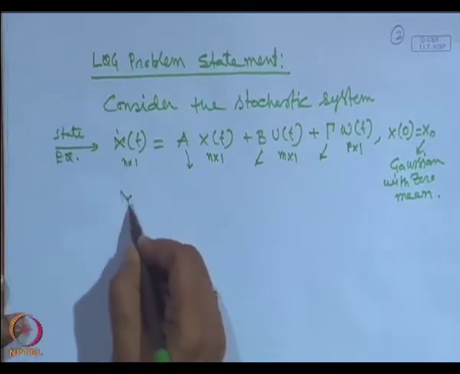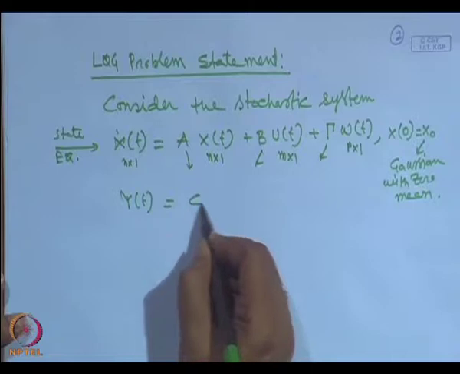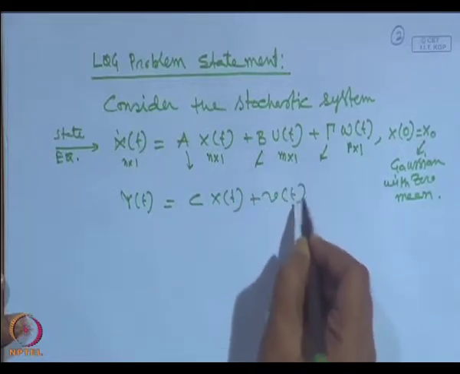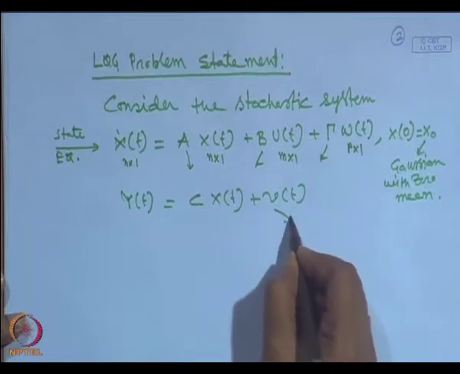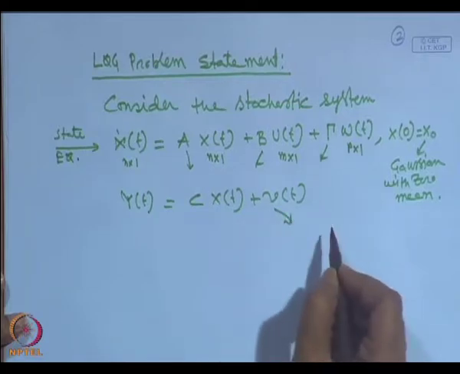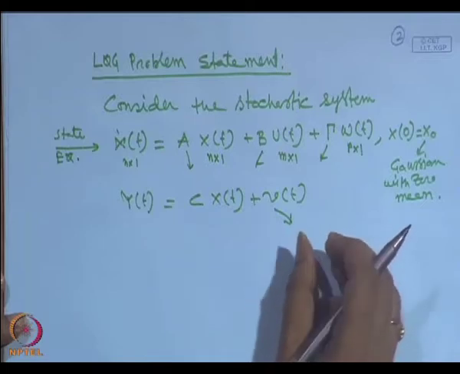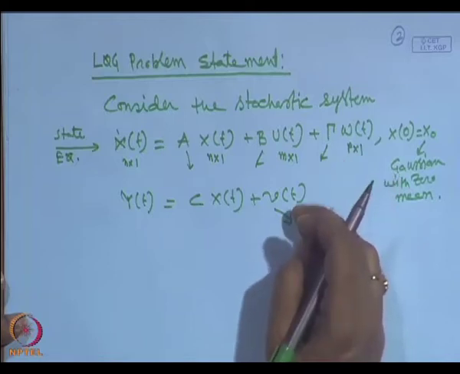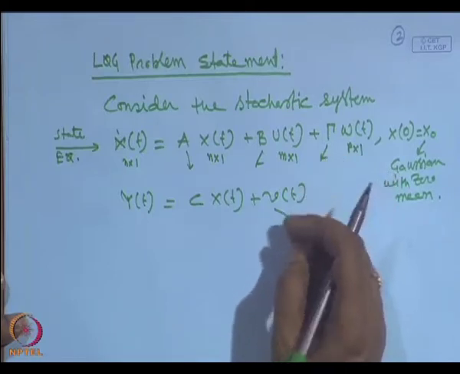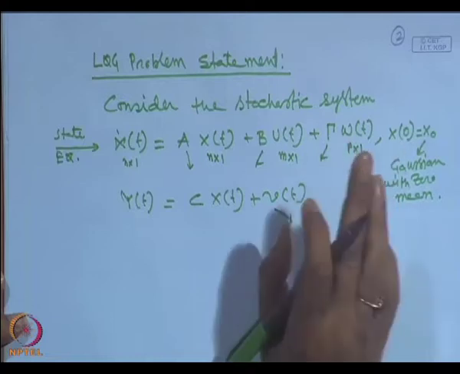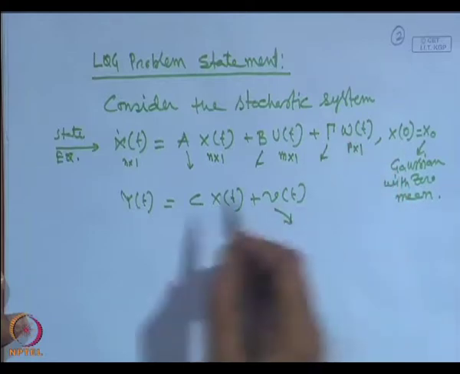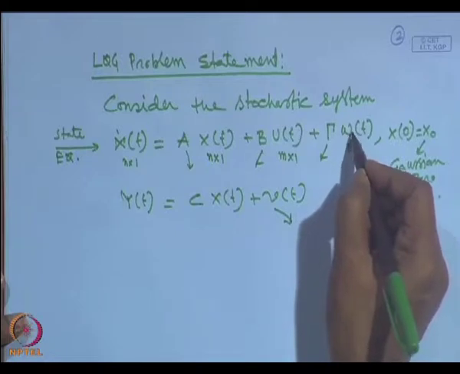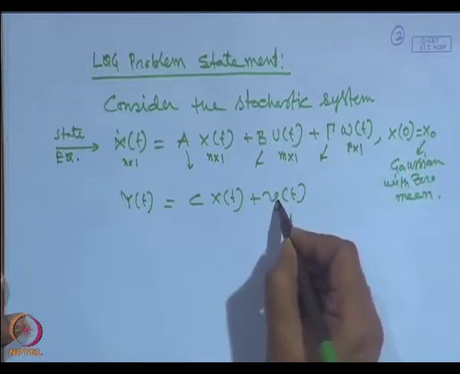And our output equation is y of t equals C x of t plus v of t. Again, w of t and v of t are 0 mean white noise Gaussian processes whose characteristics are known, meaning the noise covariance matrix is known to us beforehand. This w is called the input noise and v is called the measurement noise.